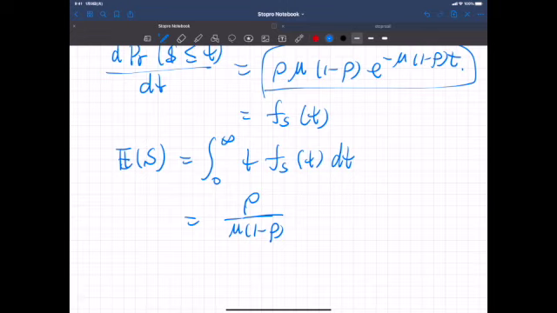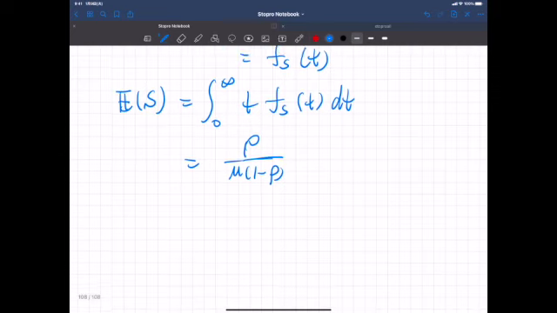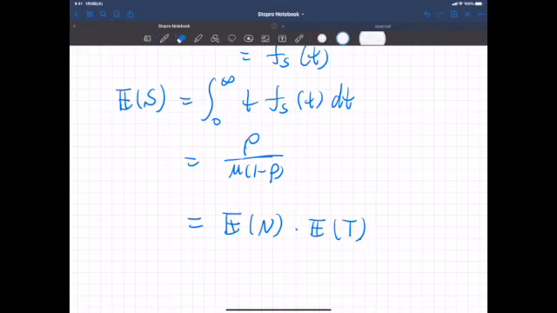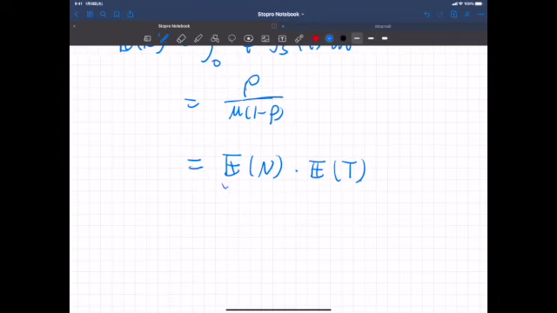If you look at this expression, it is actually equal to the expectation value of n times the expectation value of t. If you don't remember, this part is rho over 1 minus rho, and this part is 1 over mu. So this t is the service time per customer.